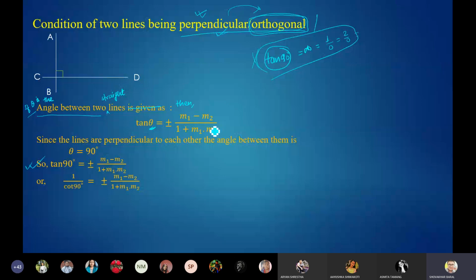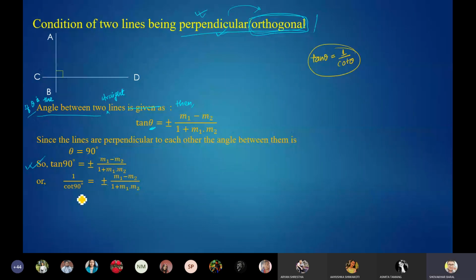Tan 90 can also be written as 1 upon cot 90, because tan theta is equal to 1 upon cot theta. So 1 upon cot 90 degrees is equal to plus minus m1 minus m2 by 1 plus m1 times m2.